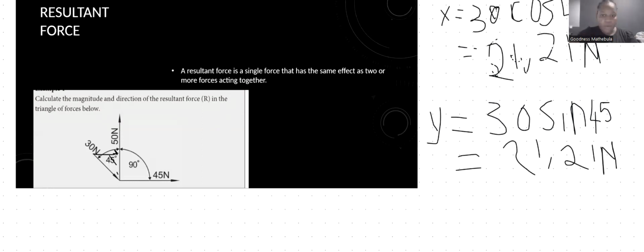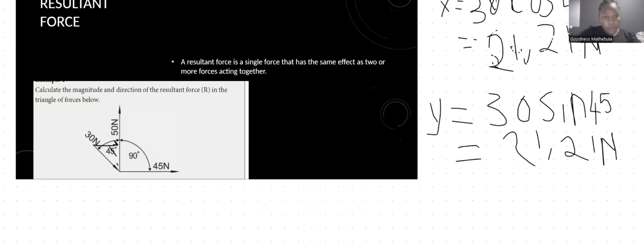And then when you calculate the direction, let me show you.